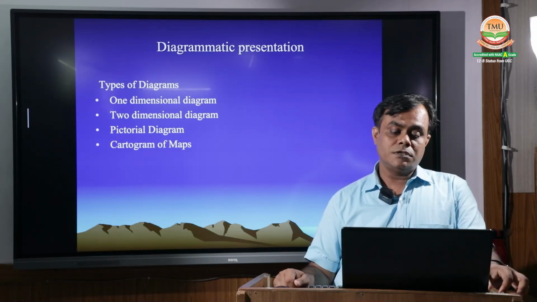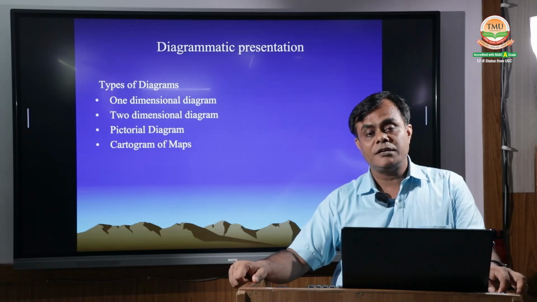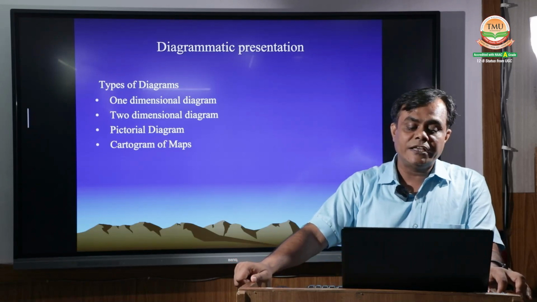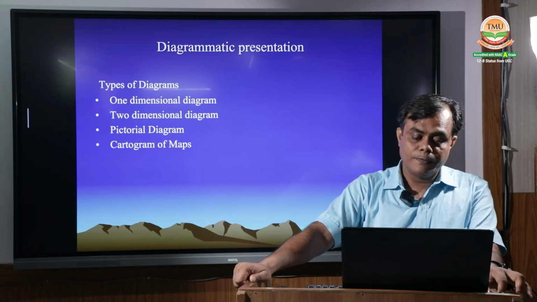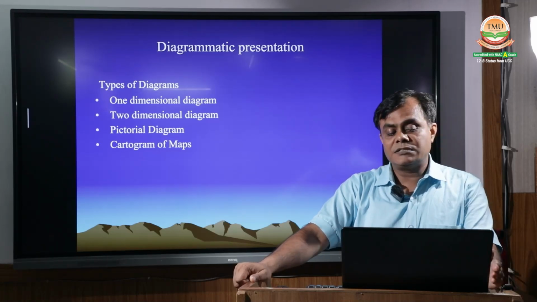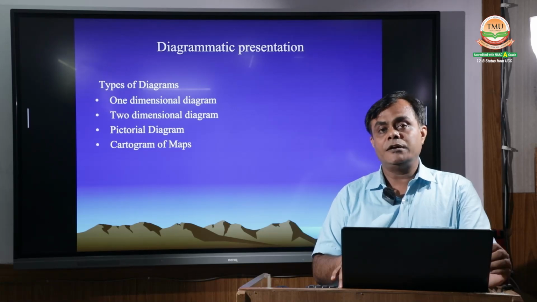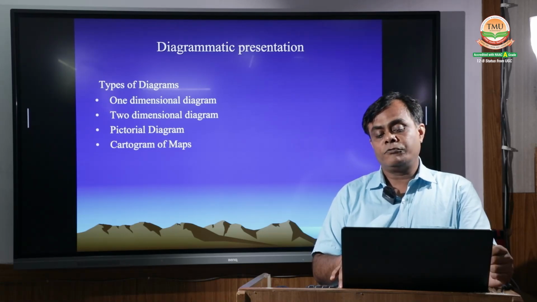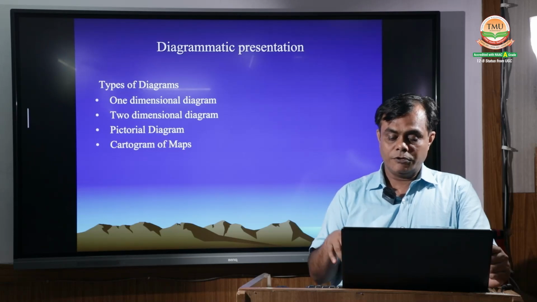One is the one-dimensional diagram, second is the two-dimensional diagram, third is the pictorial diagram, fourth is the cartogram or maps. So there are certain diagrammatical presentations, and we are discussing all four diagrammatical presentations in this unit.